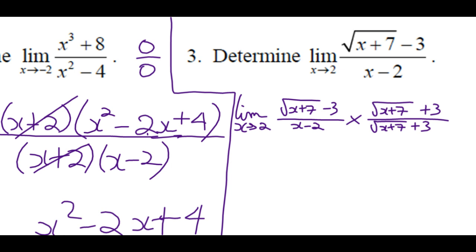Now, there's an equal sign here. Okay, so it equals the limit as x approaches 2. All right, so we know what we're going to get out of this, right? We've got this times this, which will just be x plus 7. We don't need to worry about the inner and the outer. We're going to FOIL it, but the middle terms are gone, and so we've got this squared minus this squared.